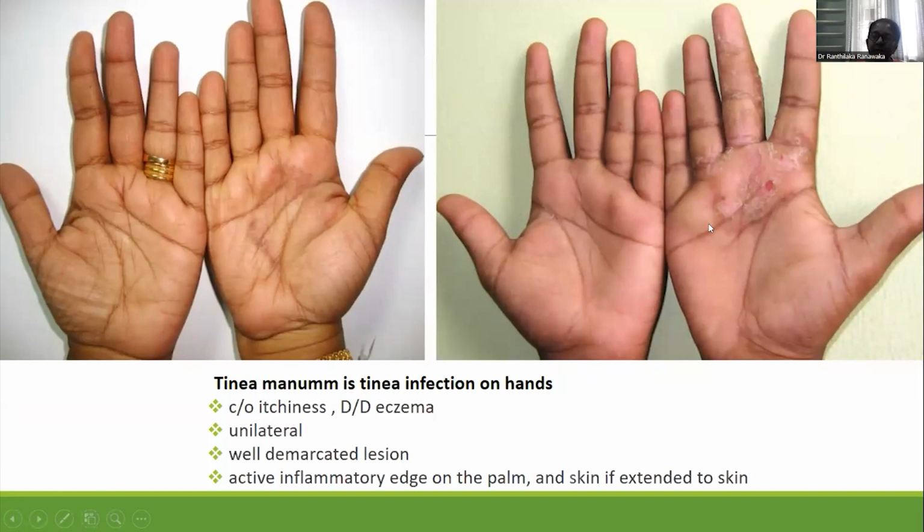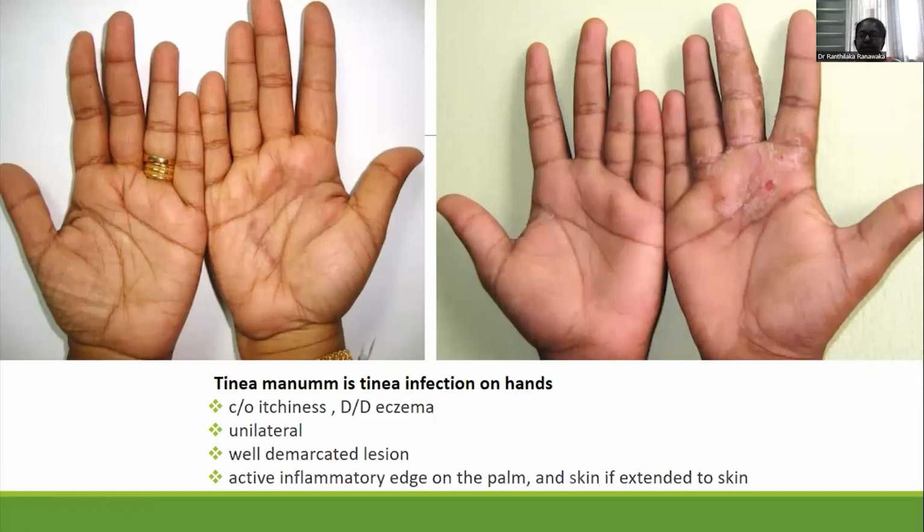In these two patients, you can see it is a well demarcated lesion, and even on the palm, you can see the active inflammatory edge. So this is tinea manuum.